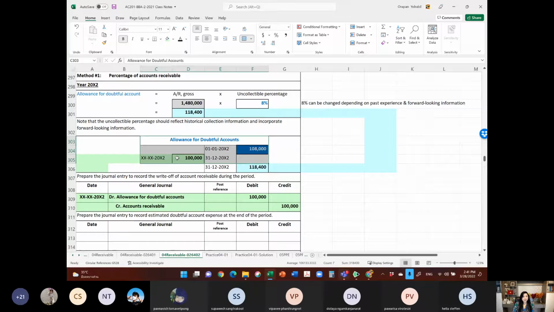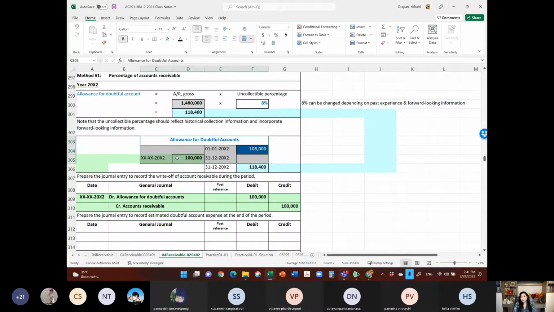Is this correct? You overestimate the expense in the prior year because in the prior year you think that it's going to be 108,000, but in reality it's only 100,000. Am I right? Yes. Okay, all right.